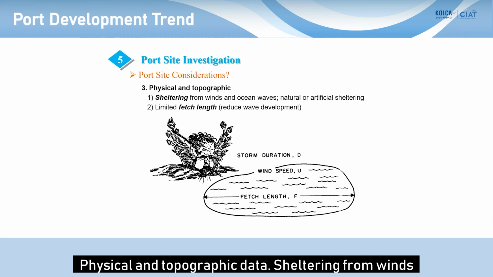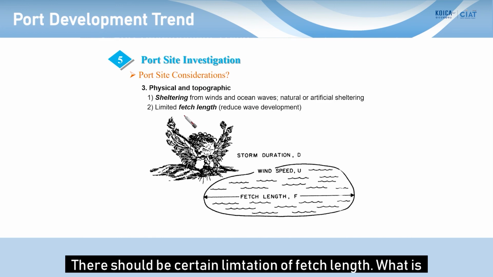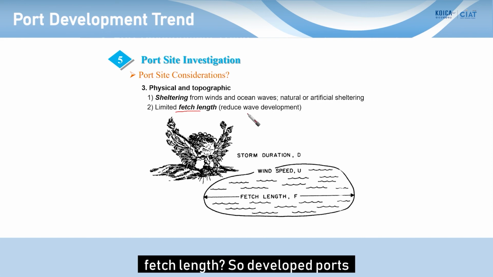So, sheltering from winds and ocean waves, natural or artificial sheltering. And also there should be a certain limitation of fetch length. What is fetch length? When you develop a port, you have to give a very calm water area to the ship, to give stable and safe mooring and leaving of the port.